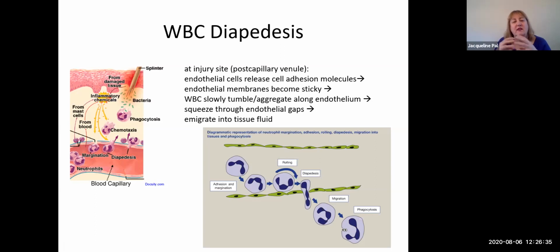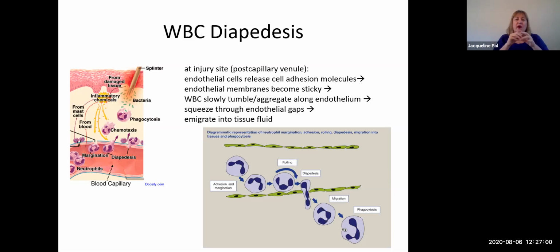Now, causing the vasodilation. So in the blood vessel itself, what happens is the endothelial cells of the blood vessel will release these molecules, which are called cell adhesion molecules, because that's just telling you what it's going to do. What it does is it makes the surface of the endothelial cell sticky, kind of like the back of a Post-it note.